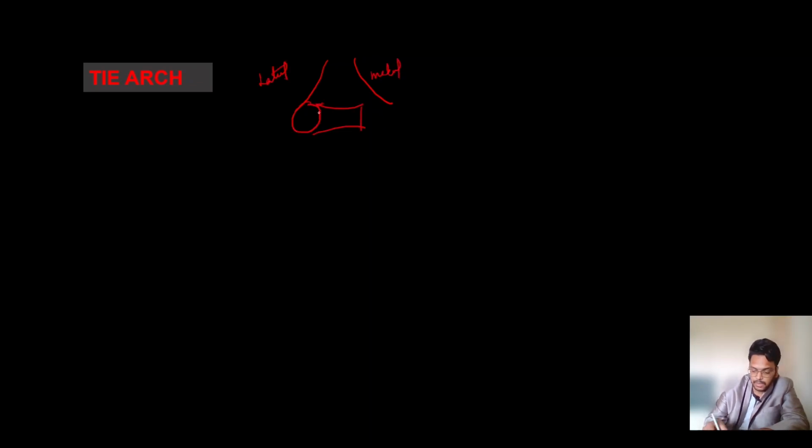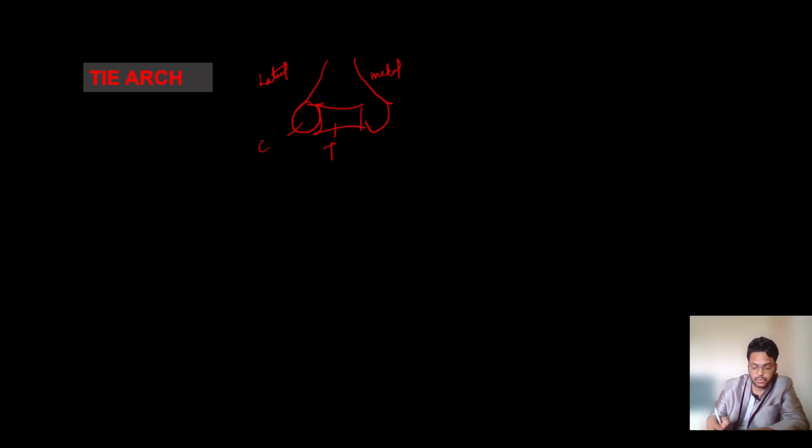What is a tie arch? As we have discussed in the previous slide, the distal humerus has two columns, that is the lateral column and the medial column. The lateral column has the capitulum and some part of the trochlea, and the medial side has some part of the trochlea and the medial condyle.